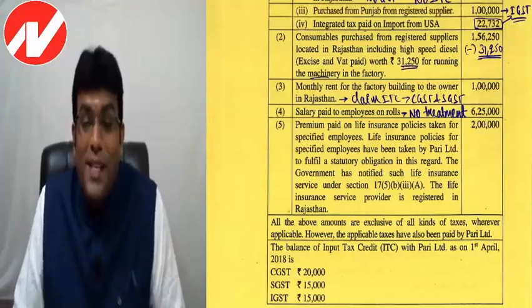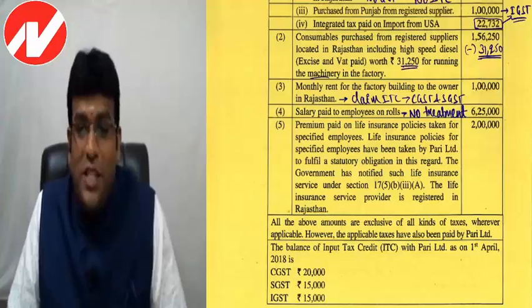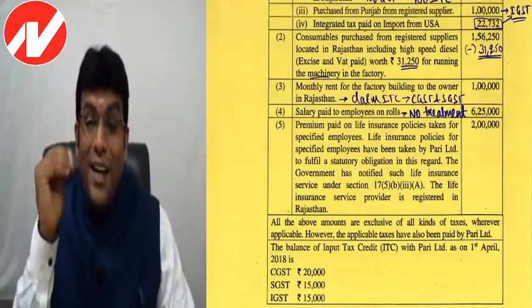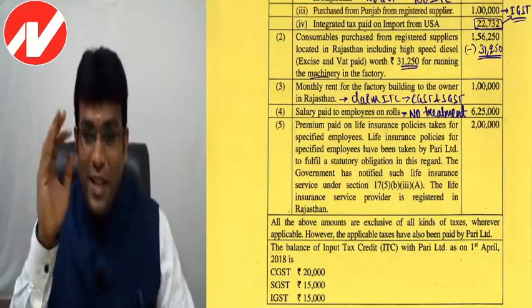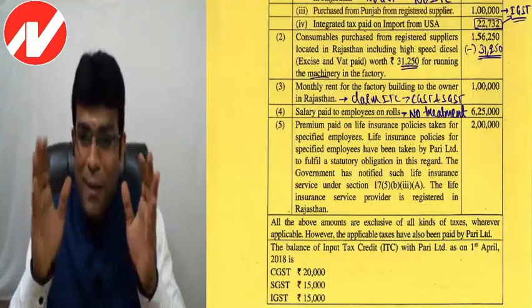Let me tell you. Section 7(2)(a), read with Schedule 3, talks about an interesting concept called transactions which are neither regarded as supply of goods nor regarded as supply of service.